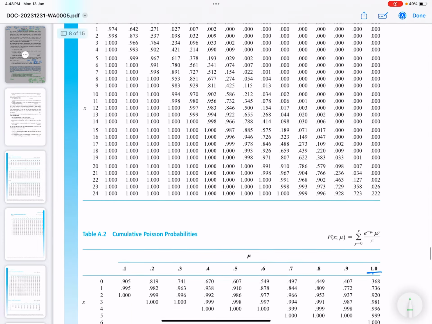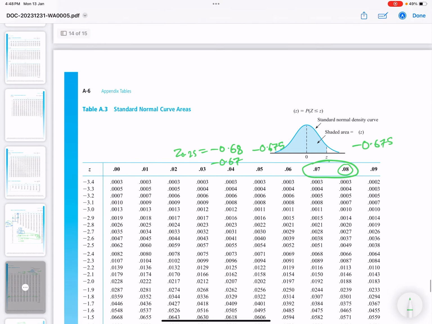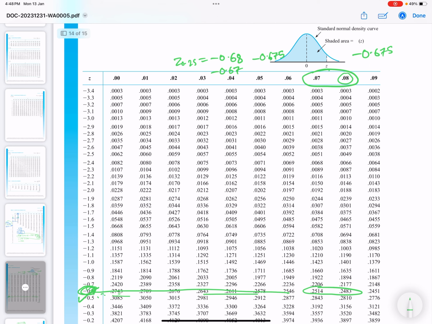Okay, now coming back to the table again. We need to find the value of z when the area is 0.005. This is 0.005. Okay, just make sure you don't make this mistake.